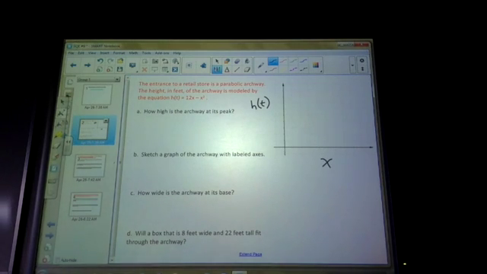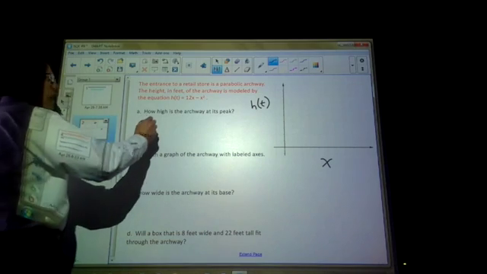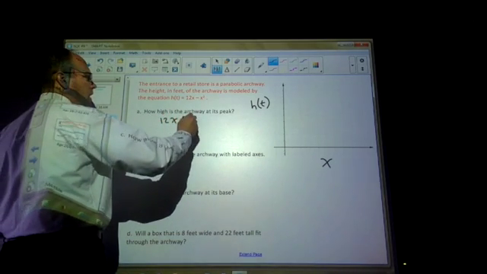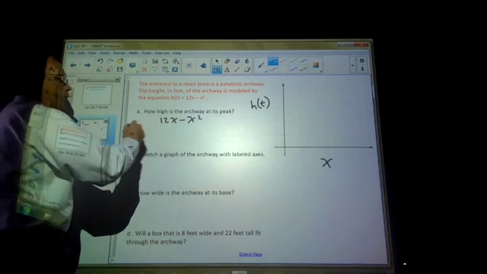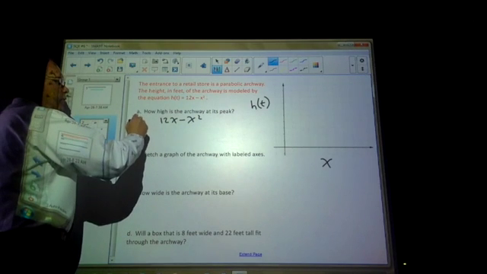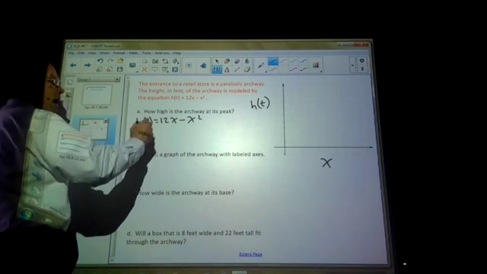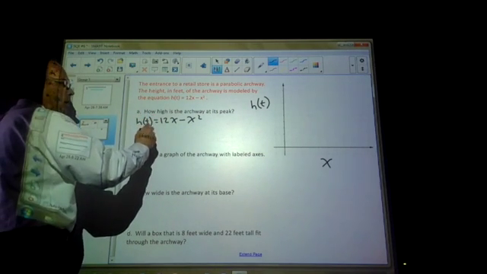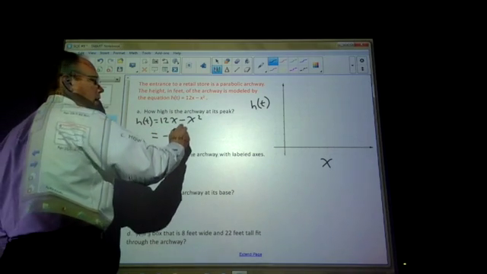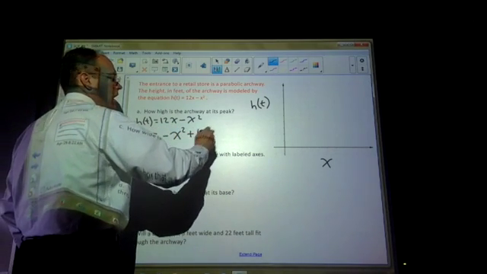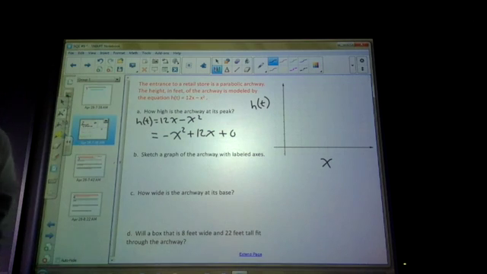Okay, so this parabola, how high is the archway at its peak? Well, I don't know. Let's try and utilize this equation. If I have 12x minus x squared, let me rearrange the order of this. That's what h of t is equal to, which is y. So let's change the order a little bit. So I can make it negative x squared plus 12x, and then I'm going to have my c value be 0.